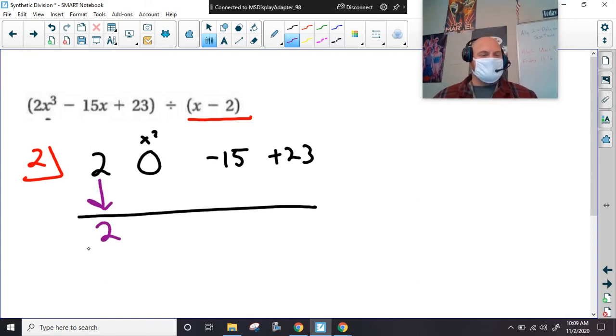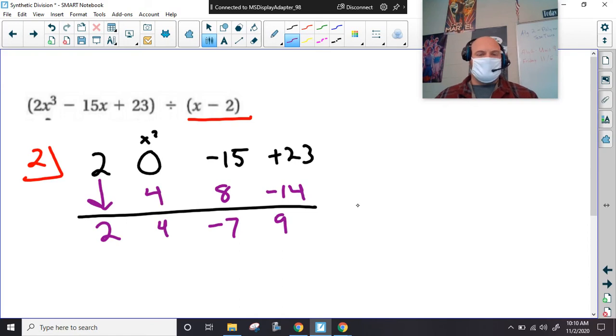We bring down the 2. 2 times 2 is 4. 0 plus 4 is 4. 2 times 4 is 8. -15 plus 8 is -7. 2 times -7, -14.